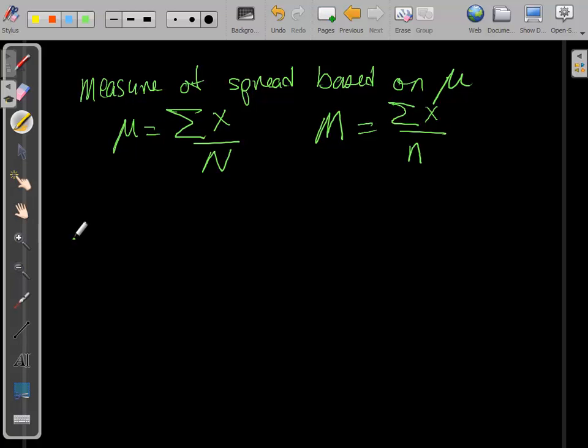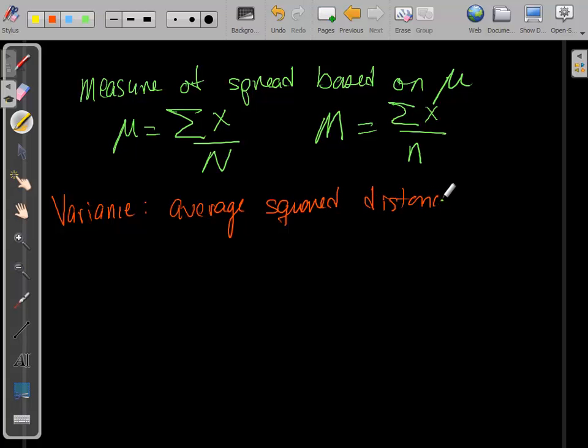When we look at the variance, we're going to define variance as the average squared distance each observation is from the mean. Okay, so we're going to look at how far away each observation is from the mean. We're going to square that and we're going to add them up and divide by the number. That'll give us the average, and that's how we're going to define variance.